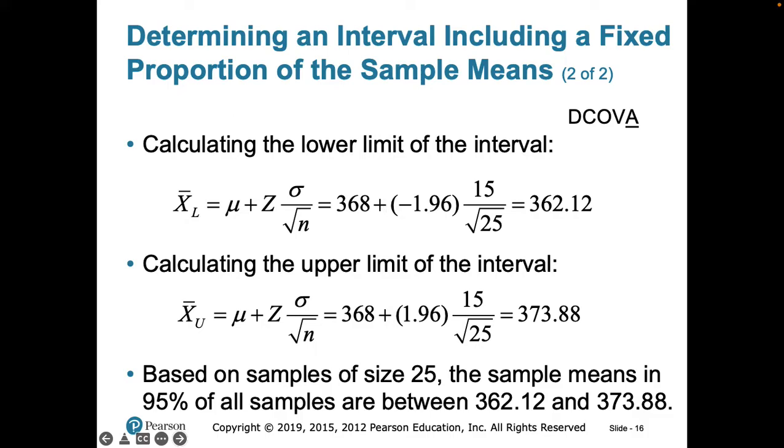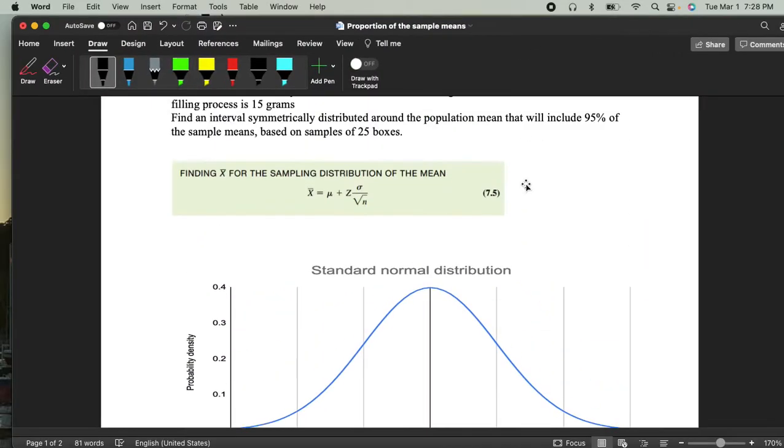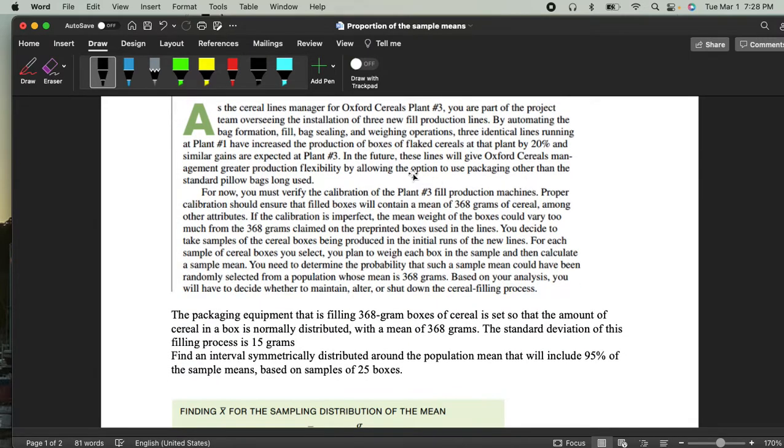So let's go back to my Word document, and we're gonna do this over here. Let's see what this is talking about here. If you read your textbook, you had this problem right from the beginning. It said that you are the manager for Oxford Cereal's Plant number 3, and you are part of the project team overseeing the installation of 3 new filling production lines.